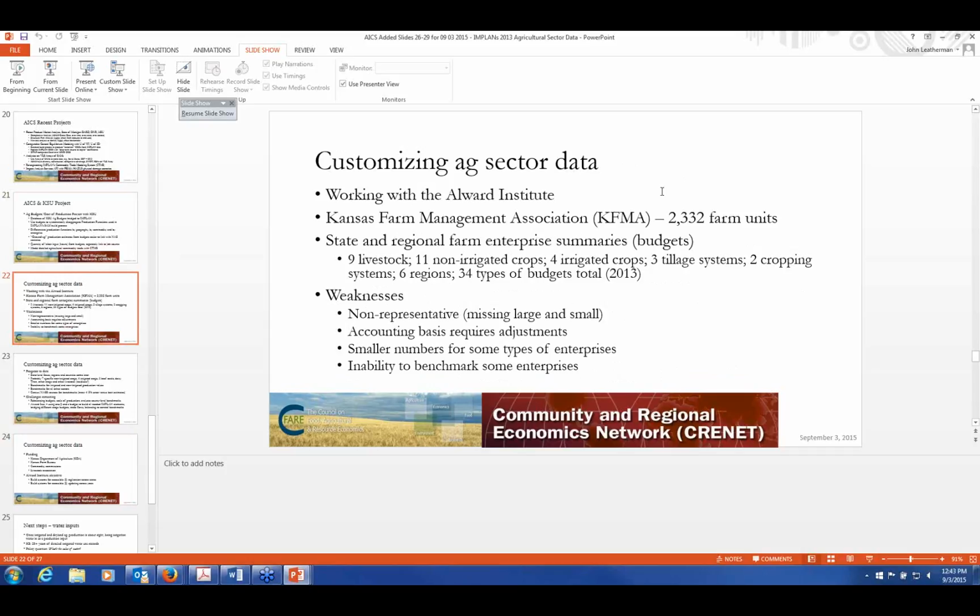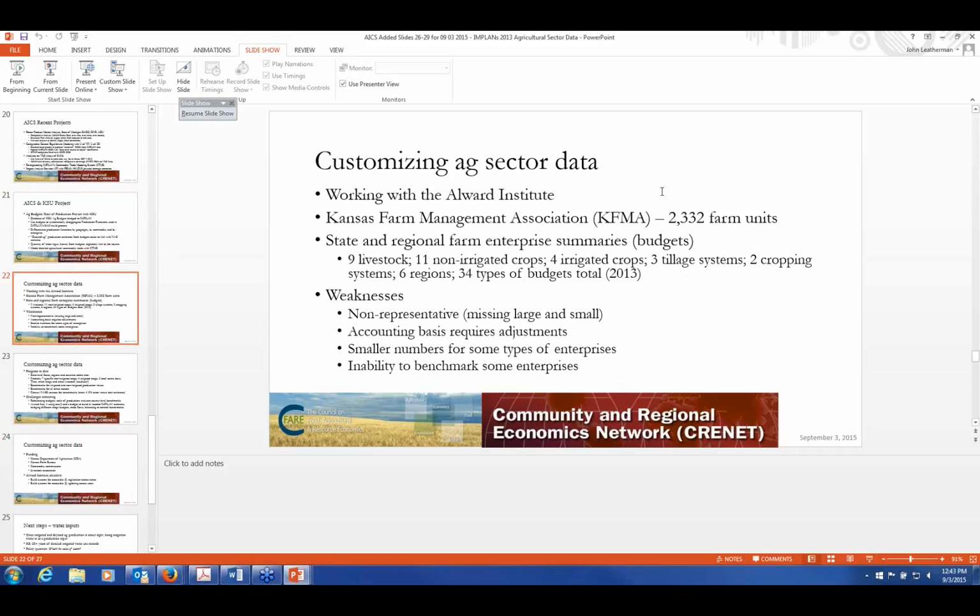What I'd like to talk about is an initiative that we're undertaking with the Allward Institute to try to customize ag sector data here in the state of Kansas. The original idea for this work came from Greg Allward a couple of years ago when he asked whether we in Kansas had access to a lot of farm budget type data.